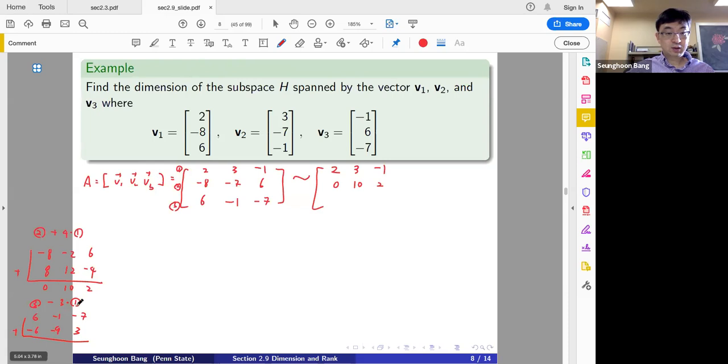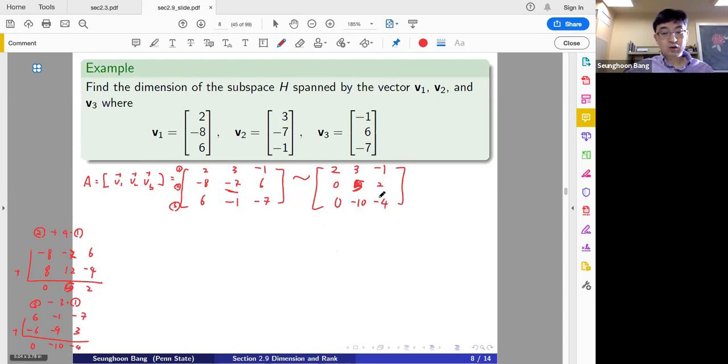Let me see, I made one mistake. Sorry, this is not negative 2, this is negative 7. This is my typo. We have 5. So add: 0, negative 10, minus 4.